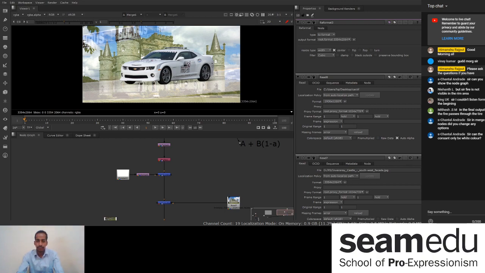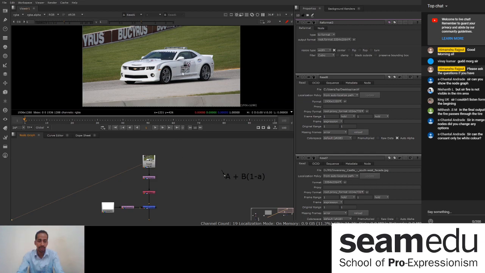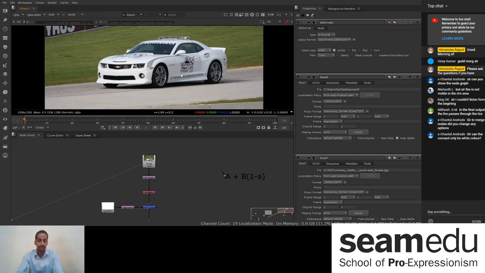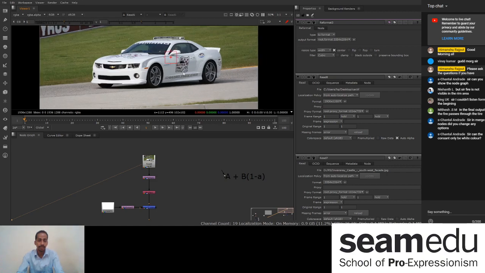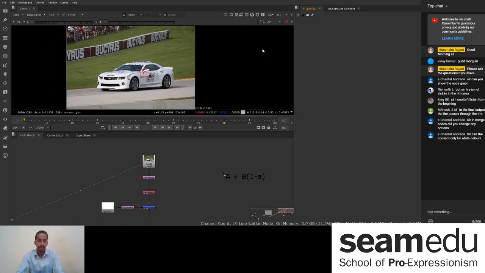I can see one question from Jan, asking: can the constant only be one? No, it can be any image. It's not needed that you should have a constant. Any image which has the value of one works. If I go into this image, you see the value of this image is not one.